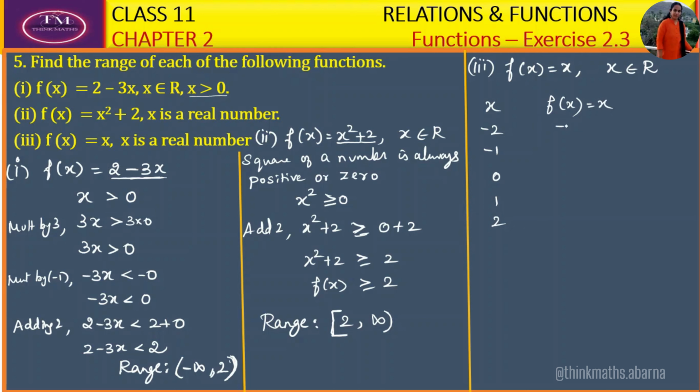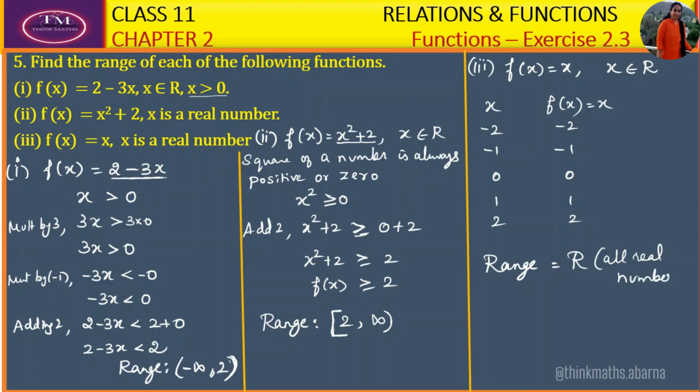So the same will come, minus 2, minus 1, 0, 1, 2. So we can take for x all the numbers from the real number system. So what is the range? Range is also the real number system. As both are same, so range will also be the numbers from the real number system. So range can be written as range is equal to real numbers. That is all real numbers.